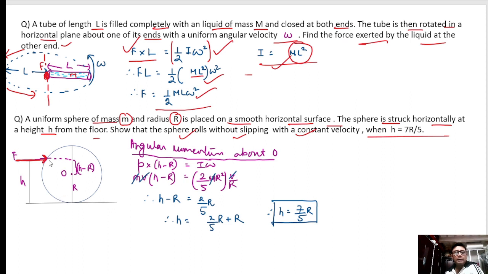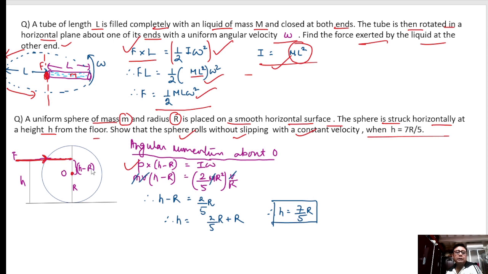The turning moment of the force about the center will be F into h minus r. We can see here that the mass of the whole sphere is how much? M. Okay, and now what is the angular momentum about O?